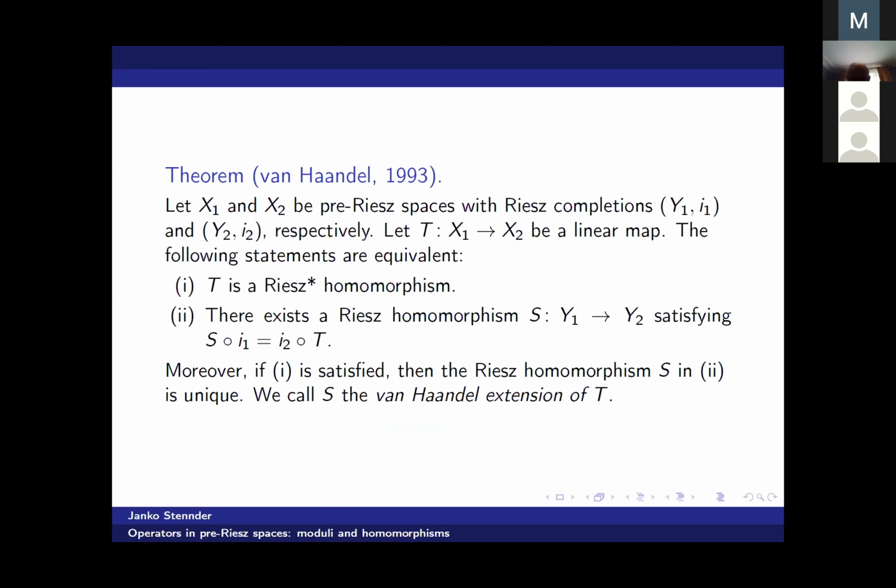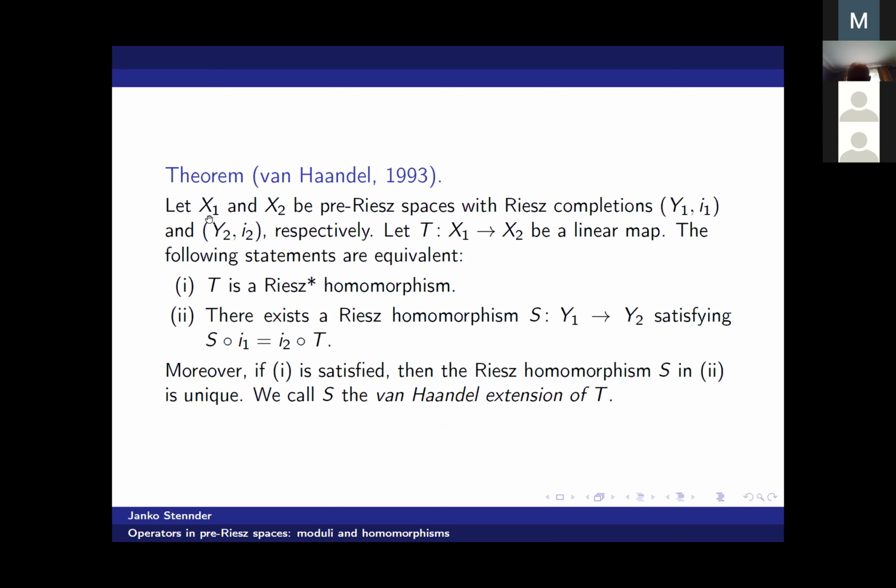And now to the characterization of Riesz star homomorphisms, which you already saw in Salina's talk as well. This theorem justifies why Riesz star homomorphisms have a special place among those generalizations.